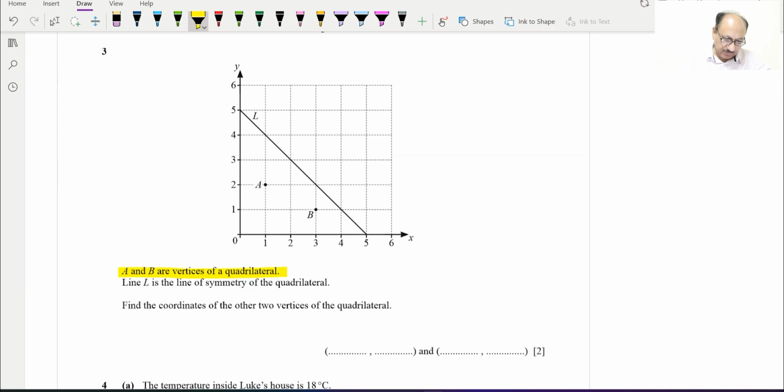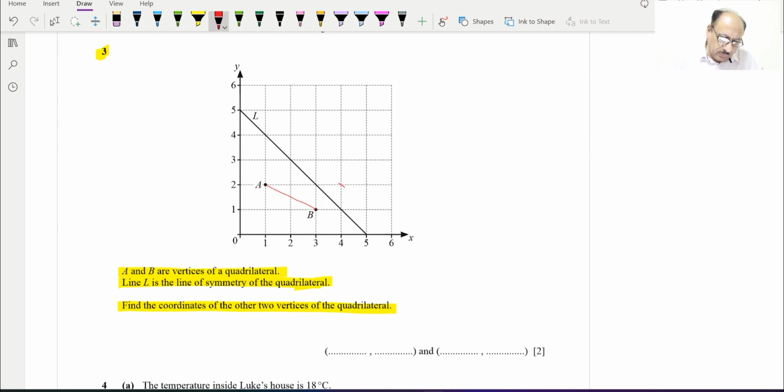A and B are vertices of a quadrilateral. Line L is the line of symmetry of the quadrilateral. Find the coordinates of the other 2 vertices of the quadrilateral. This is question number 3. We can draw the vertices of the quadrilateral. AB we can join. AB will be this one, and from here we can check the distance from this line.